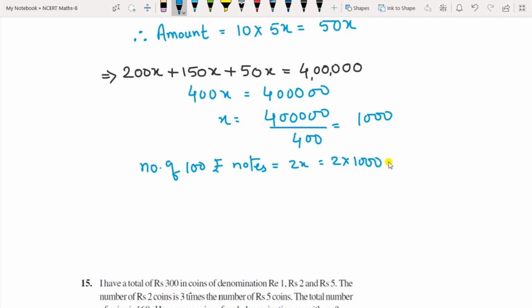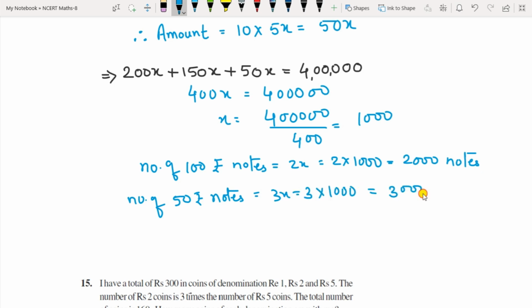Now you have to find the number of notes. So number of 100 rupees notes, that was 2x. So this is 2 into 1000. That becomes 2000 notes. Okay. Then number of 50 rupees notes are 3x.